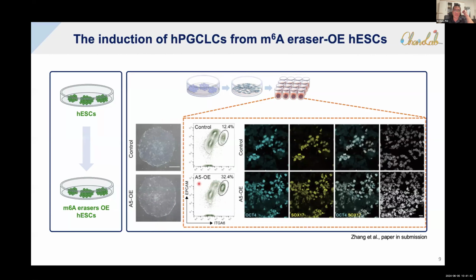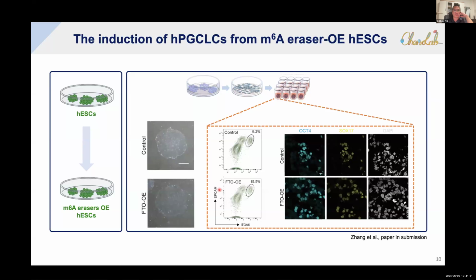When we overexpressed ALKBH5, we discovered increased induction of the human germ cells, just like the writer knockouts. We also overexpressed FTO, another m6A eraser, and we discovered the same trend. We can also see the increased induction of the PGC-like cells from about 10% to about 15%.